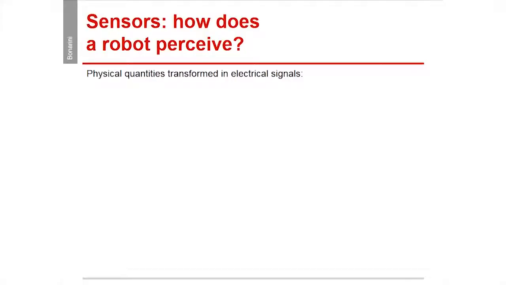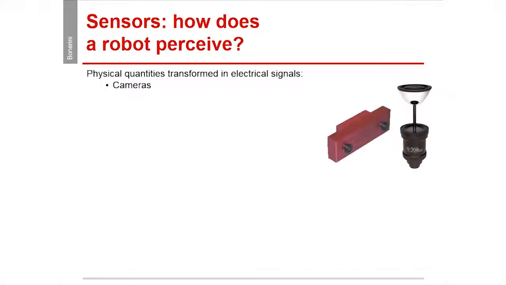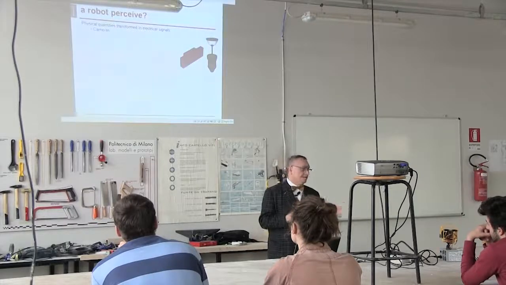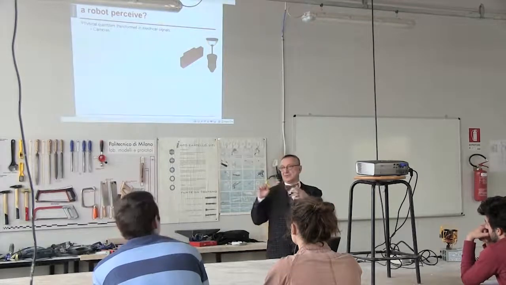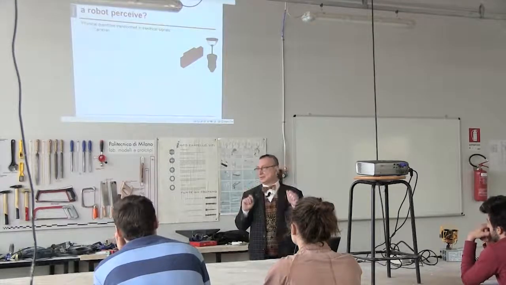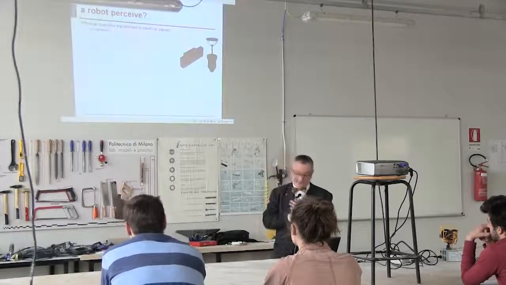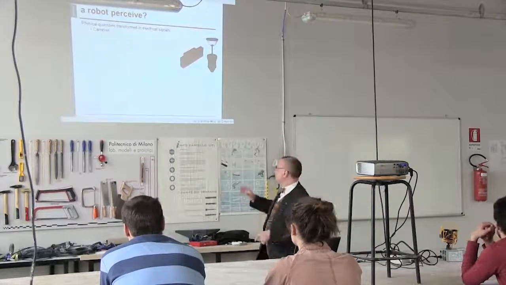In general, these sensors provide some electrical coding of some external physical quantity. We may have cameras that produce an electrical signal according to the illumination of each of their pixels, of each of the components of their sensors. Here we have a strange camera.